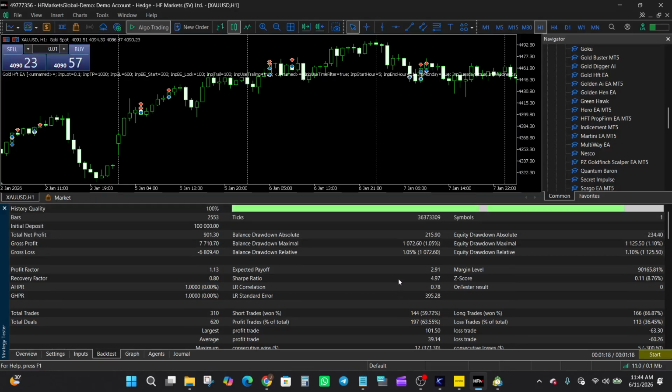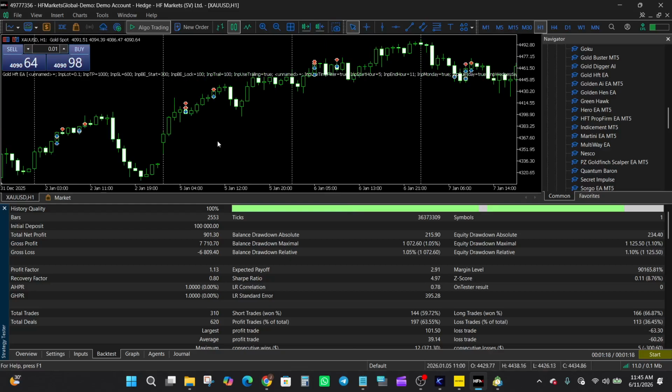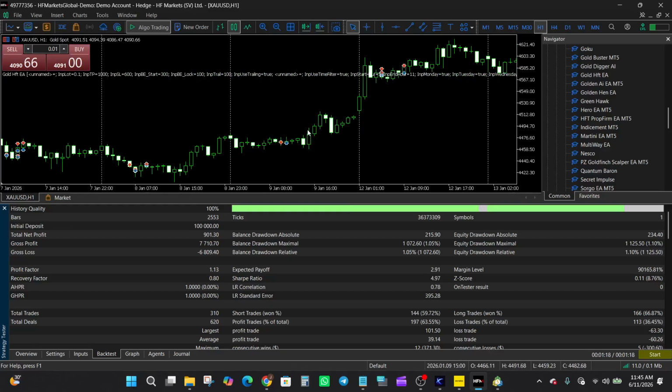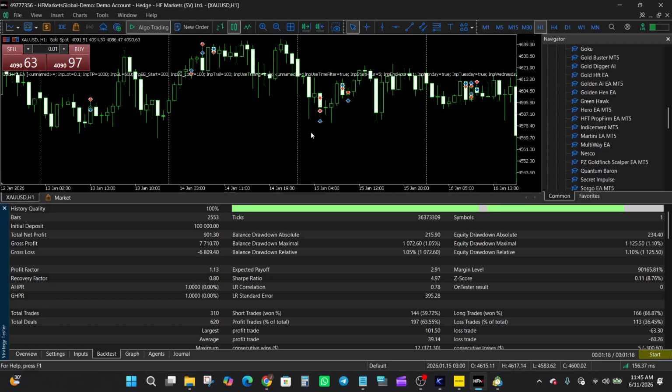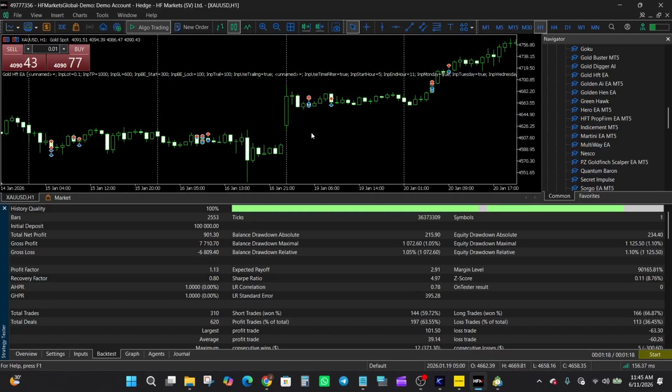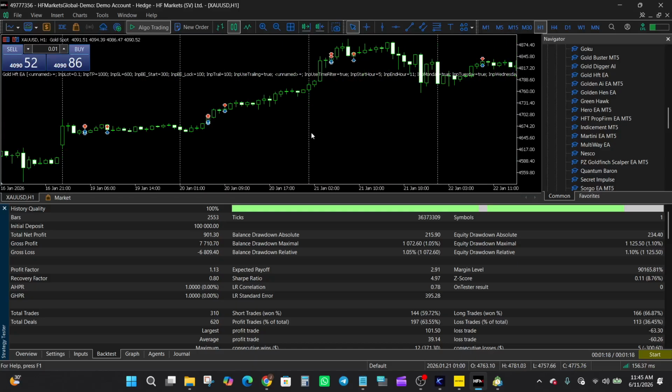Okay, so from what I can observe on the chart, the system tends to stay inactive during quieter consolidation phases and becomes more active when volatility expands. This matches the description of a breakout based approach where movement and momentum are required before execution.